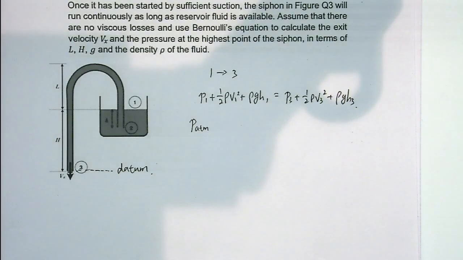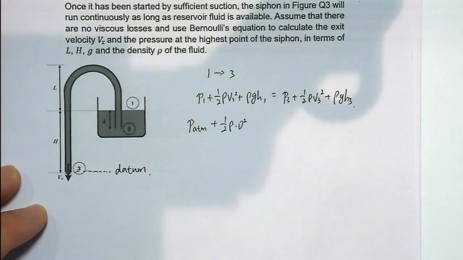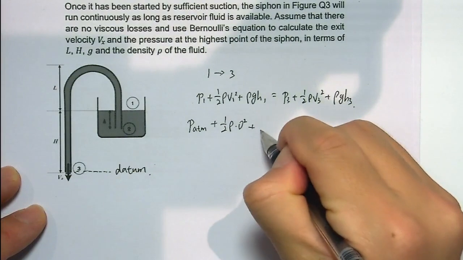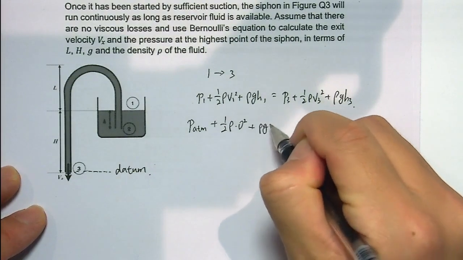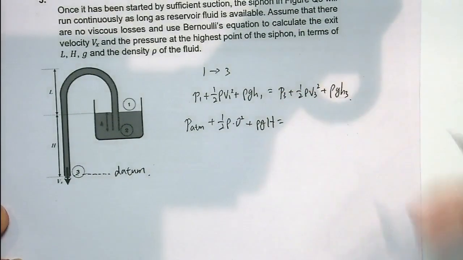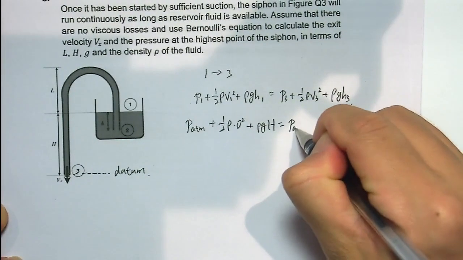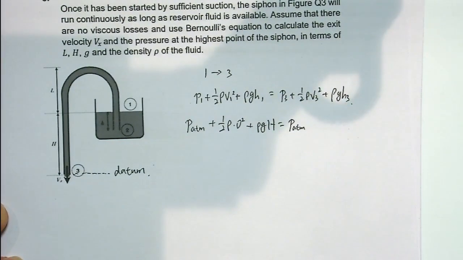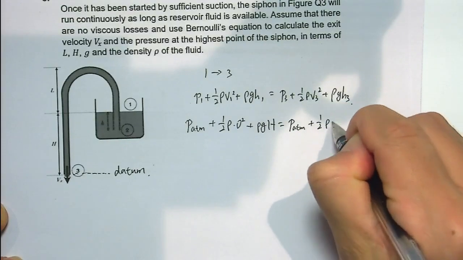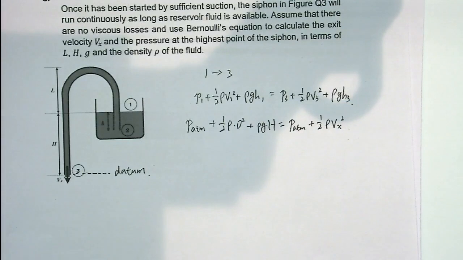So the second term is 0 plus half rho 0 squared plus rho g H1, where H1 here is capital H, which is equal to the pressure at outlet, which is also the atmosphere pressure, plus half rho Vx squared, which is the term we want to solve.